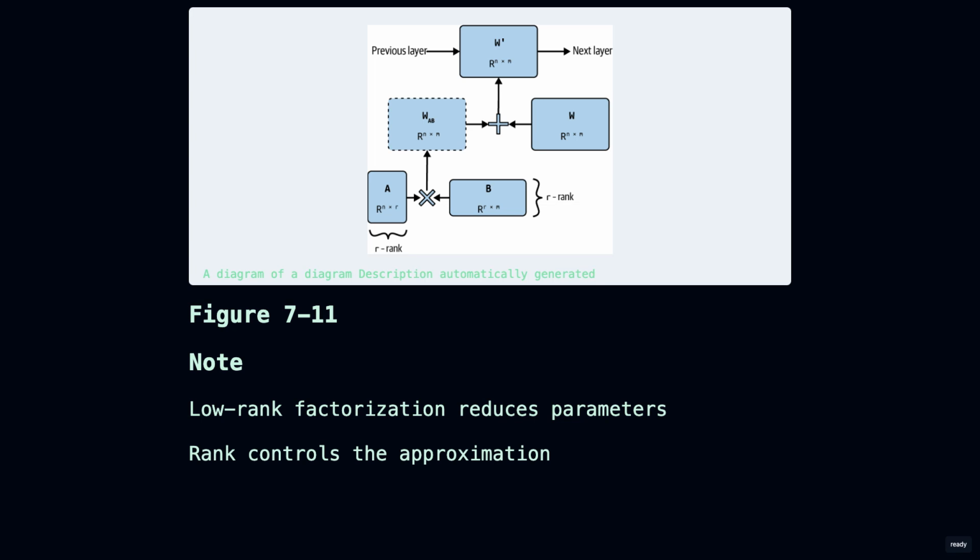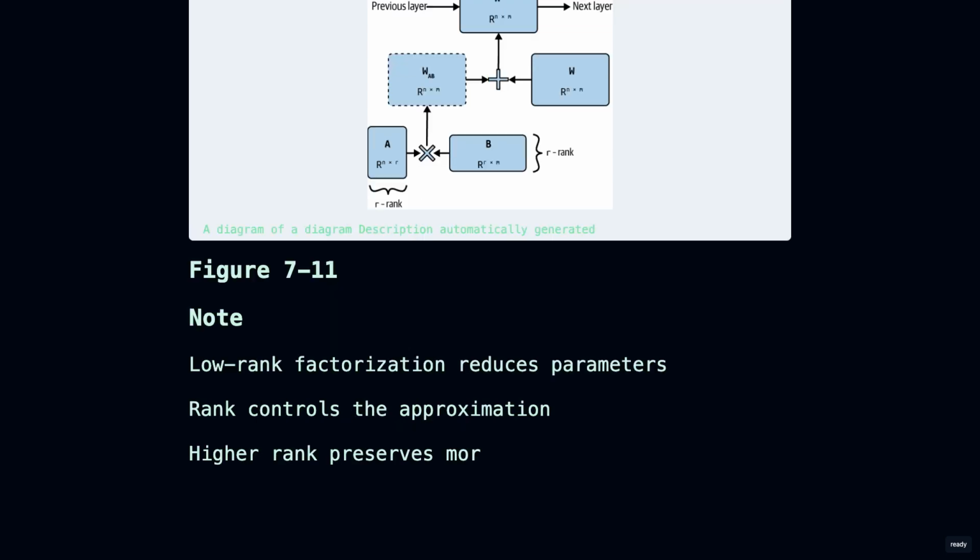A lower rank approximation is cheaper, but it is also less expressive than the full matrix. That is the key trade-off. More rank means a better approximation, but also more parameters, so the efficiency advantage shrinks as the rank rises.